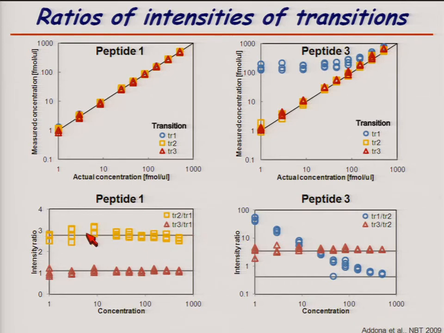The straight lines here show the median ratio for the internal standard. So we see that our transitions are very close to the internal standard. Then when we look at a case where we do have interference, we see that the ratio between 2 and 3 is also linear, because in those transitions we don't have interference. But we do have interference in transition 1, and then the ratio deviates a lot from what we expect.